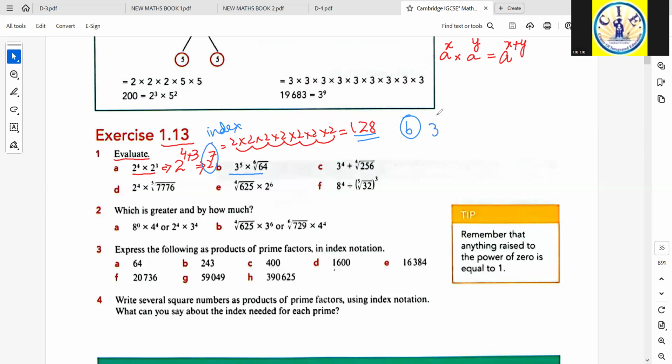3 raised to power 5 times 6th root of 64. So we can have 64. Instead of 64, I need to write it 2 raised to power something. Since I know that I need to simplify, I need to think what's that number which, when multiplied by itself 6 times, may give me 64.